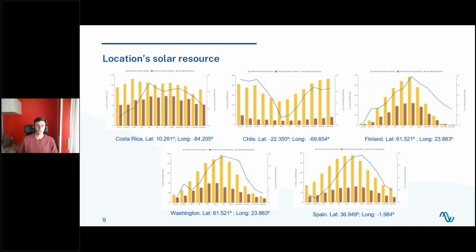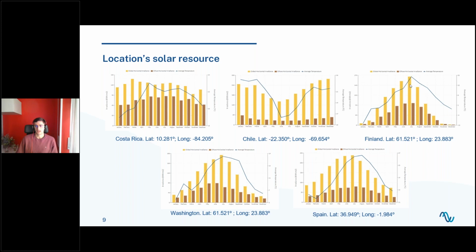And in these 5 locations that I mentioned, the solar resource, as we can see from these different graphs, is very different. If we go to Costa Rica, we can see how the presence of diffuse irradiance is quite noticeable. So we may think that it's a climate that is more rainy or cloudy. If we go to Chile, the presence of diffuse is quite low and the temperatures are higher. We may think that it is an arid climate where the presence of clouds is much lower.